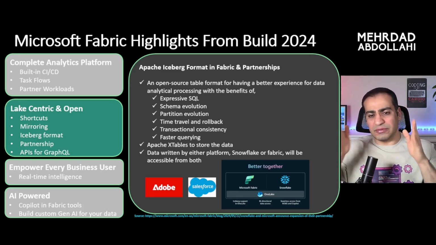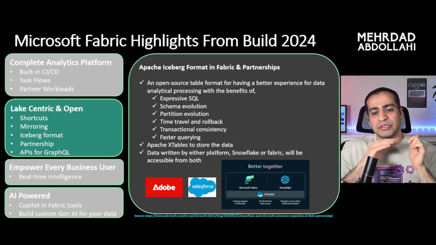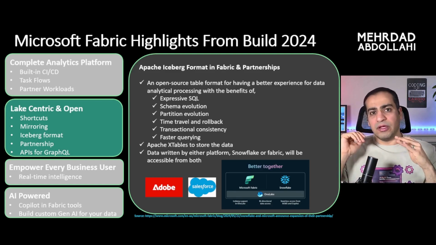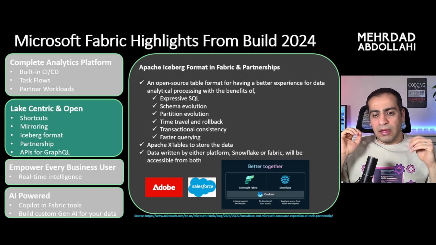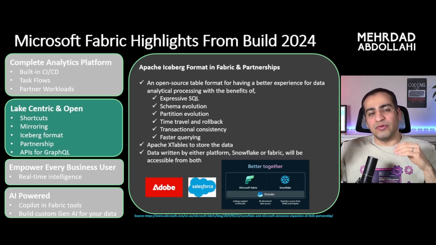Basically, the data is going to be stored in Apache Iceberg tables, and this feature gave Fabric a nice partnership with Snowflake. It is a very good thing for Snowflake users.